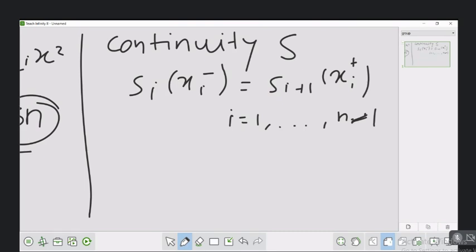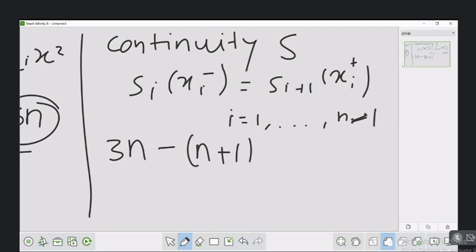So how many conditions do we have? We had a total of 3n conditions, in which we used the data points for their n+1 equations.